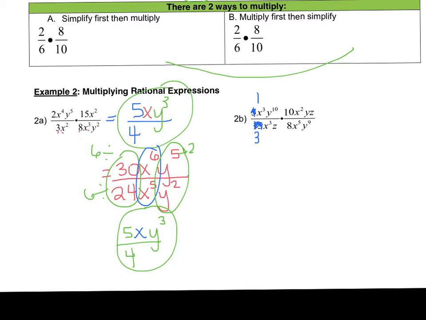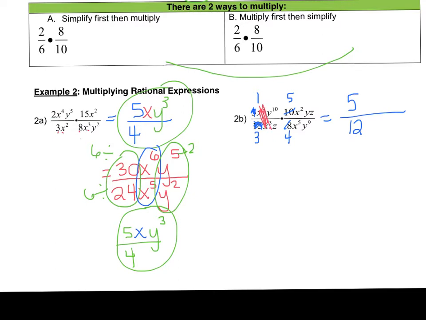And 10 and 8, I can divide both of those by 2. So I'll be left with 5 and 4. So already on top, I know 1 times 5 is 5, and on bottom, 3 times 4 is 12. Now I'm going to deal with the letters. Let's see, I have x to the third and x to the third. Guess what? Those cancel out.